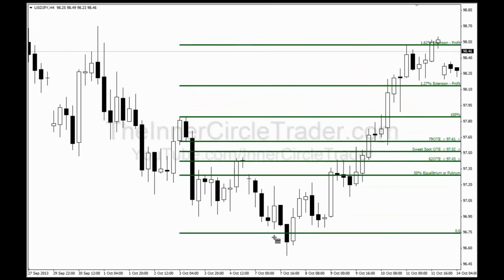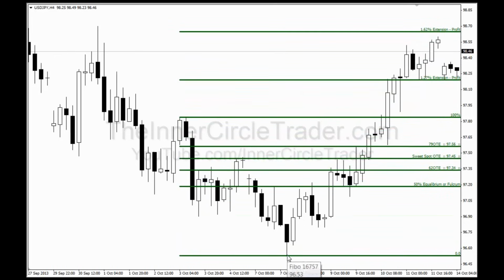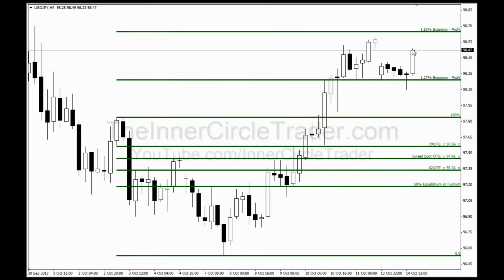Pull it down to the low, and then here's your 127, and we just fell short of the 162 here, and we just might get that in the coming days, or it could be just coming up to fill this gap. We don't know, but on the upside, this could be a very favorable target for a very little short-term to intermediate-term trade on the yen.